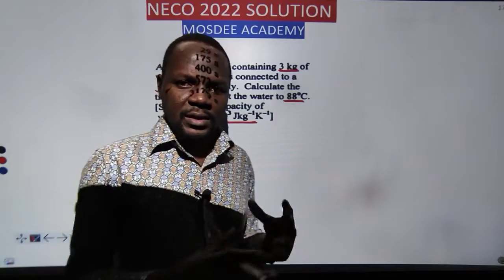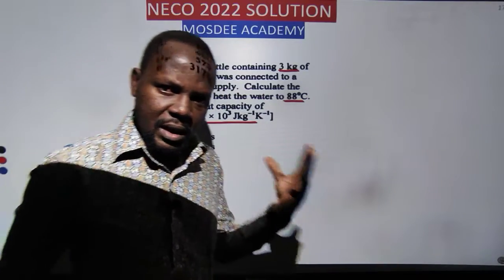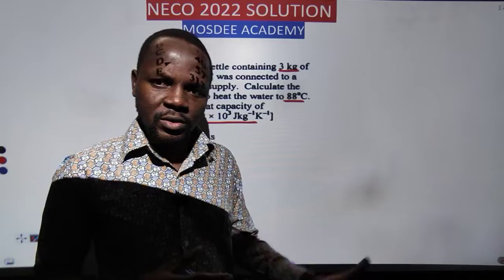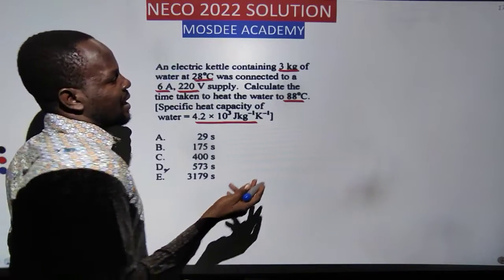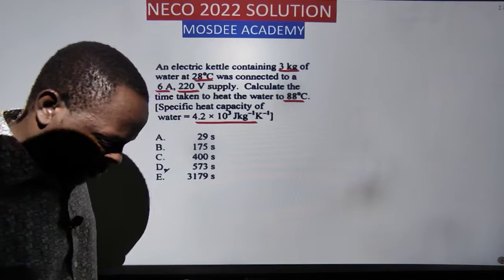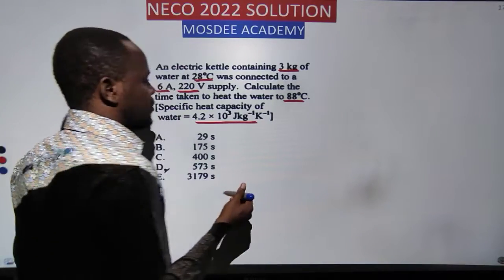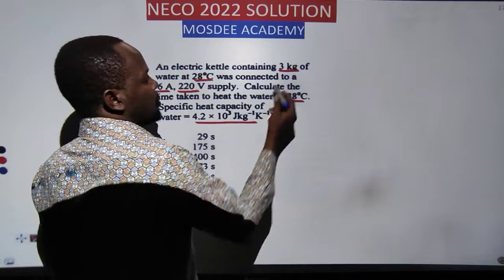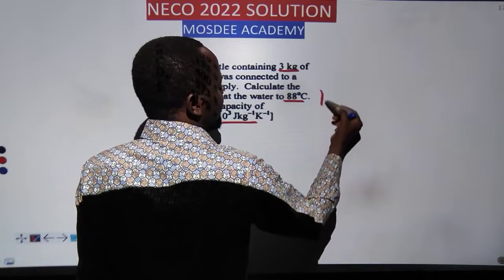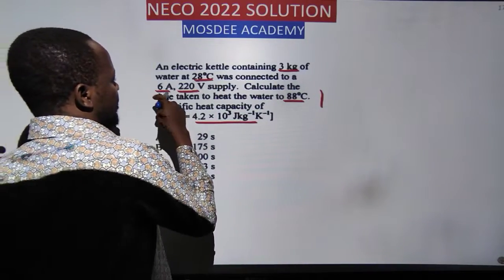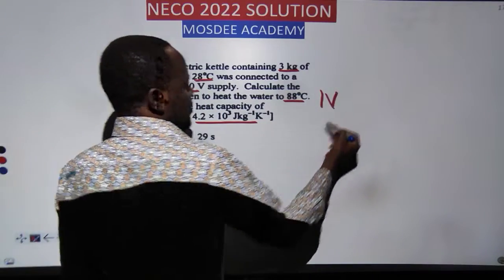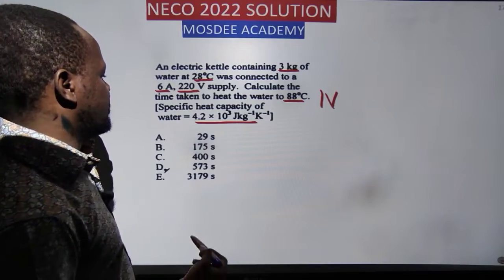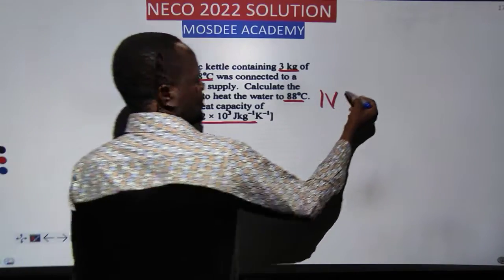We've talked about this one under the topic of heat. That is Mayer and Joules. Heat can be converted from one form to another. So please note that. Now, I'm not going to go from a formula base. You can say I have I, I have V, and I have T. That is energy.